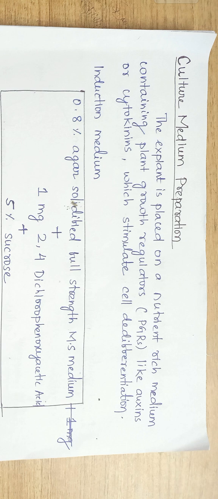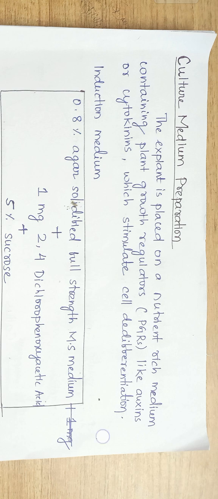It is a little sample of a tree, may it be root or stem or any part, which is taken to culture in a medium to develop into a new plant.